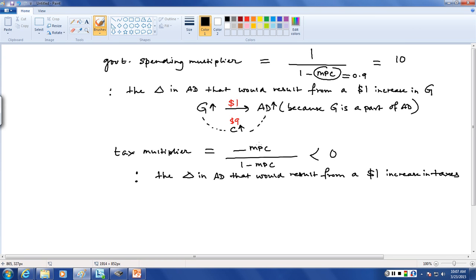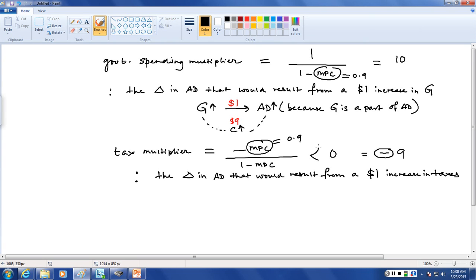So if the MPC, again, were equal to 0.9, what would this whole thing be equal to? This whole thing would be equal to -9, which is to say if the government raises taxes by $1, aggregate demand in the economy would fall by $9. Fall by $9 because the change is a negative change. A negative change is a decrease.